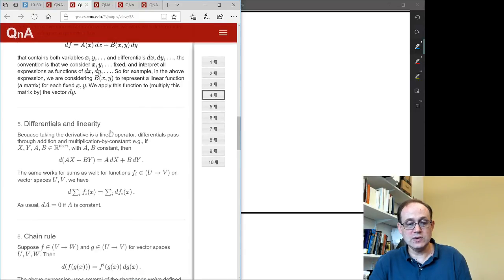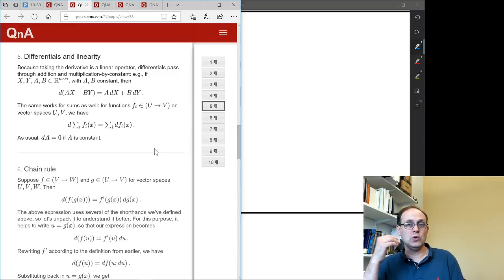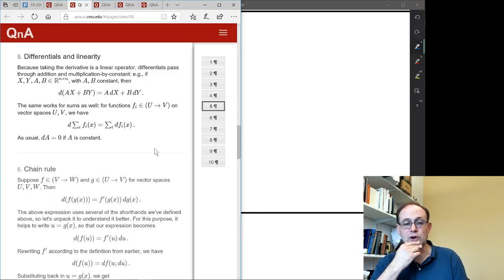All right, so we've said a few times that the most important tools for working with differentials are linearity, the chain rule, and the product rule. So let's go through what those look like in the differential notation. Linearity is pretty easy. We basically just have the differential pass through multiplication and addition, meaning multiplying by a constant.